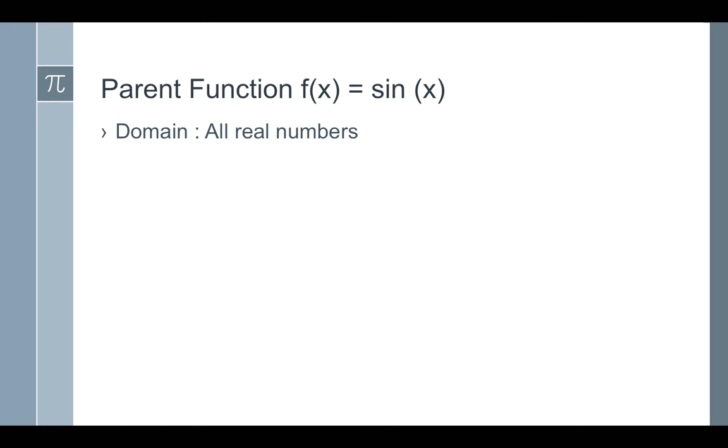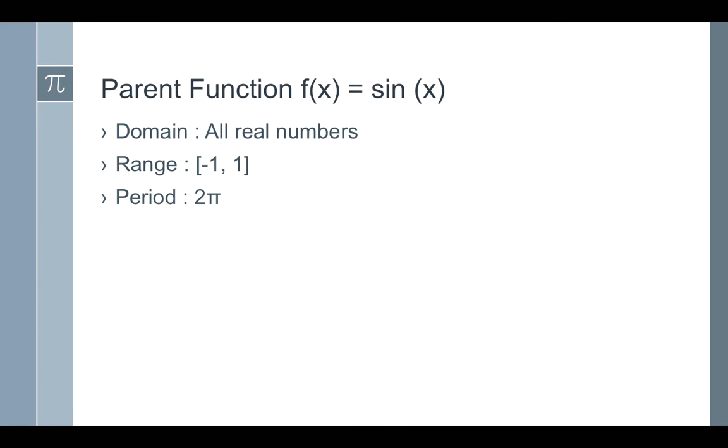The range of the parent function is from -1 to 1, so it has a total height of 2, which means it's bounded because it doesn't go below -1 or above +1. All sine functions will be bounded and will have a domain of all real numbers. It's the range that starts to change as we look at more complicated functions.